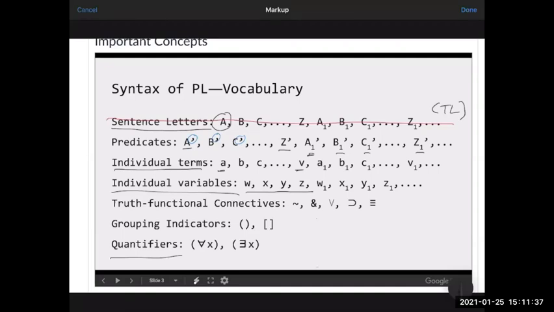Now, again, just like in predicate letters and individual terms, if you run out, you can use subscripts, but we won't ever do that in this class. And essentially, once you start using quantifiers, you need to pair each quantifier with a variable, and then use that variable to pair the quantifier to some predicate letters.